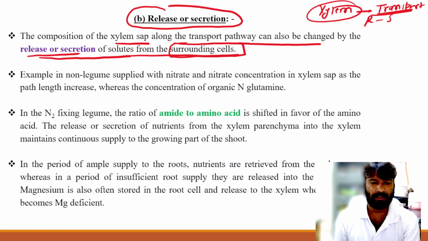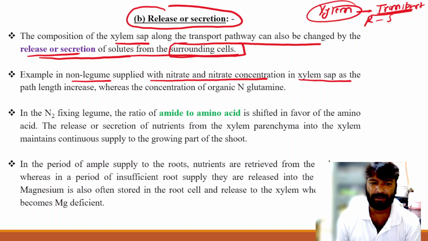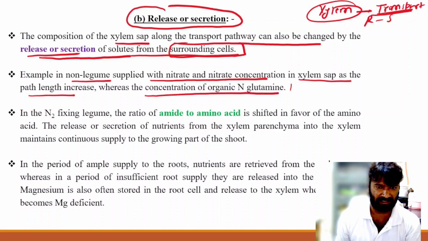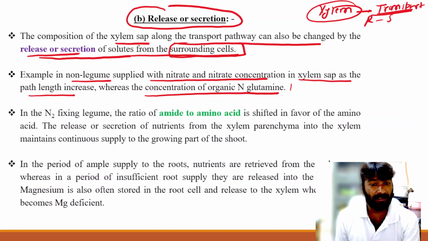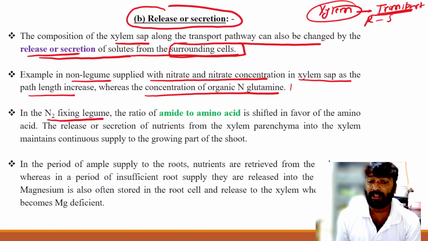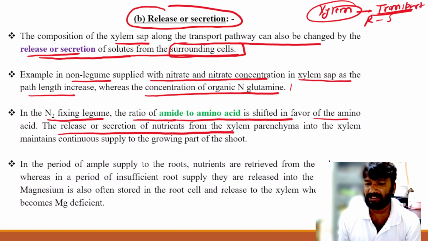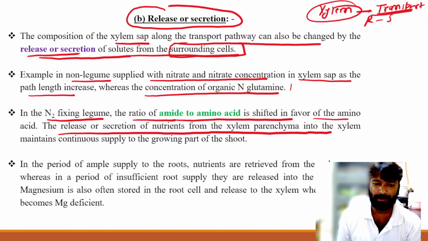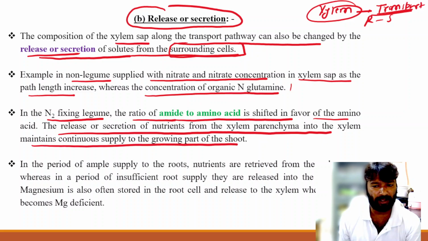Example: in non-nodulated legumes supplied with nitrate, the nitrate concentration in xylem sap increases as the path length increases, whereas the concentration of organic nitrogen, glutamine, decreases. In nitrogen fixing legumes, the ratio of organic amide to amino acid is shifted in favor of the amino acids, and the release or secretion of nutrients from the xylem parenchyma into xylem maintains a continuous supply to the growing parts of the shoots.